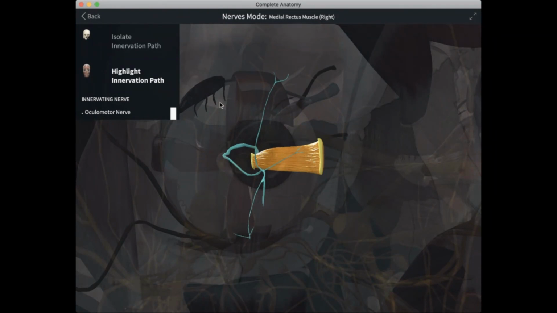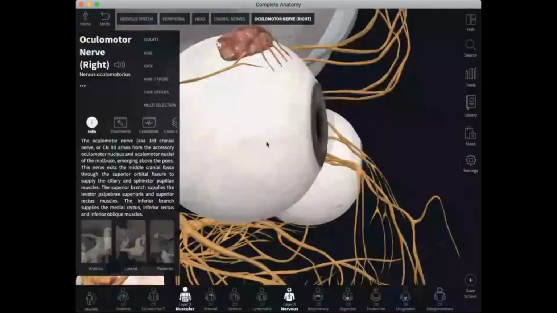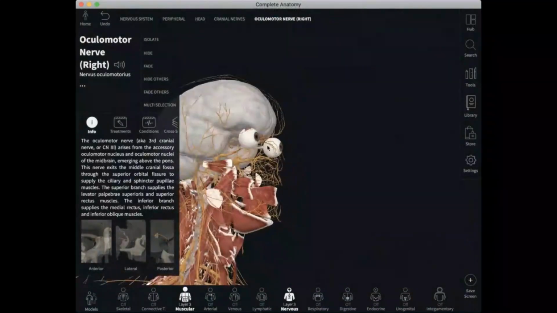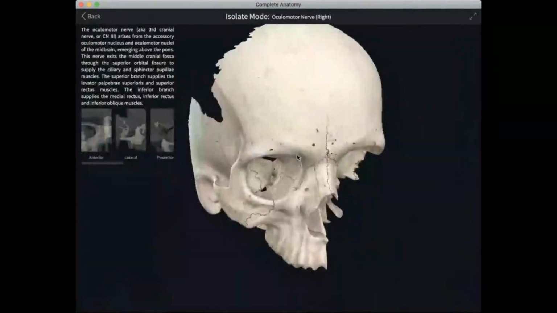It is supplying the extraocular muscles, and it carries parasympathetic fibers. The parasympathetic function is to supply the iris for accommodation of the vision.